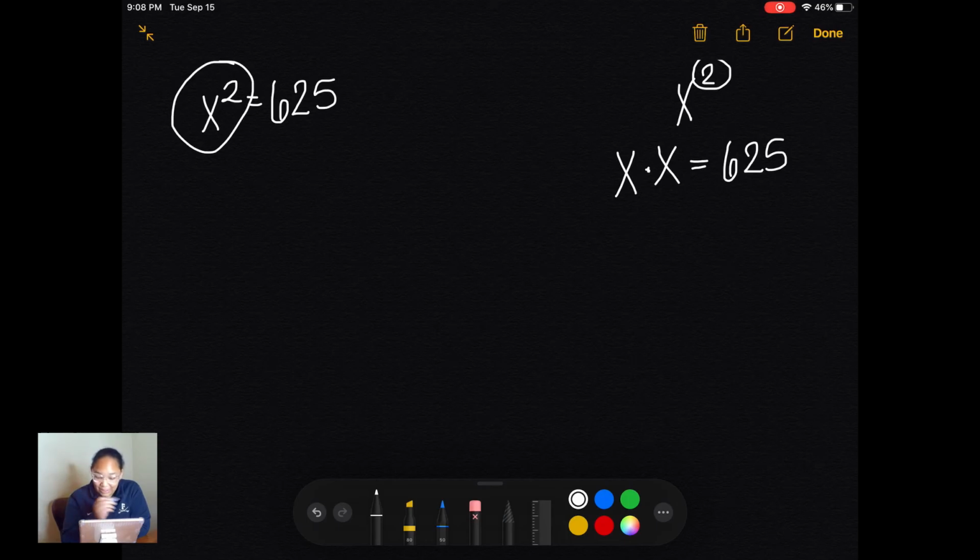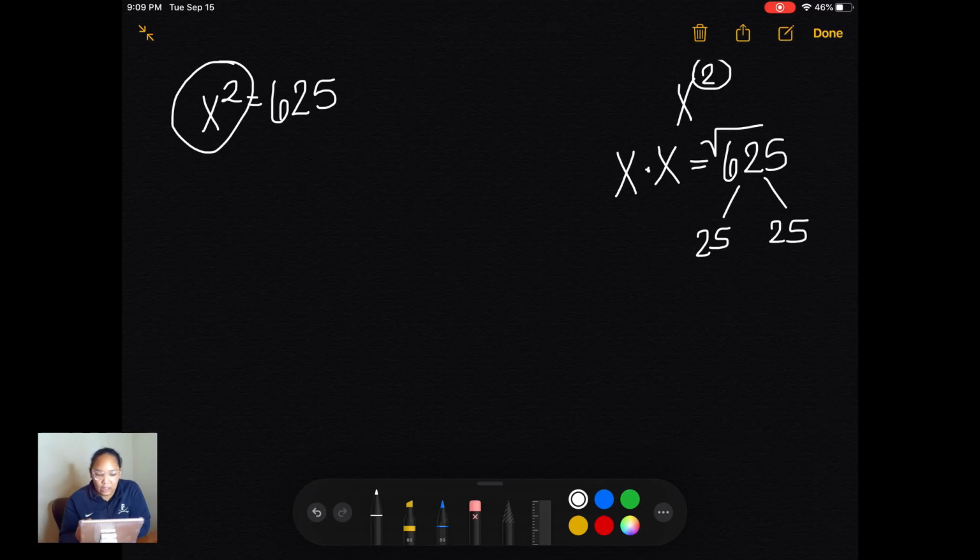So I would say just learn it. If you know this off the top of your head, you would say the square root of 625, which is two numbers multiplied by itself, is 25 times 25.